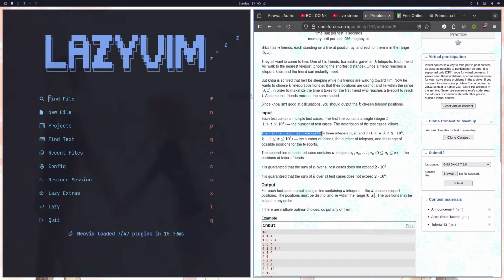The first line of each test case is N, K and X. The number of friends, the number of teleports, and the range of the positions.